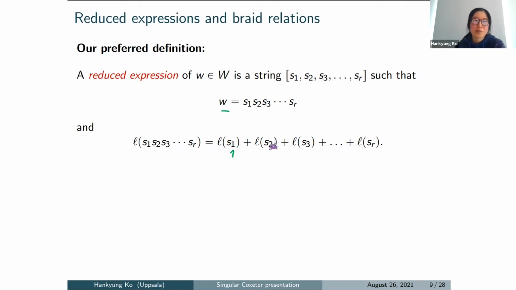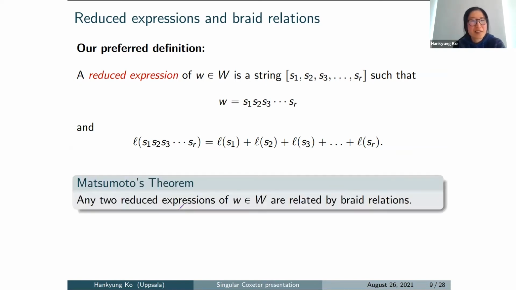So these are all 1. That means the right-hand side is r, and this element is w, and that was the original definition. I define it this way to make it parallel to something that will come later. So we take this as the definition.